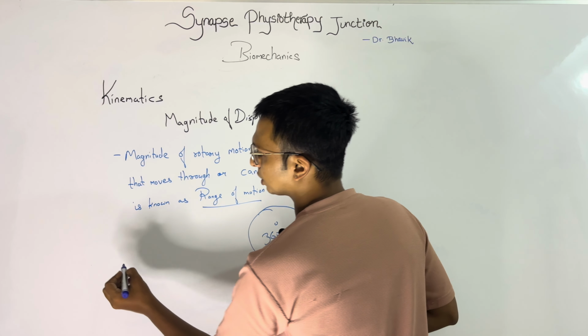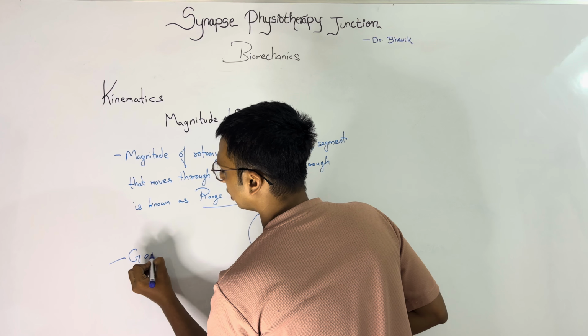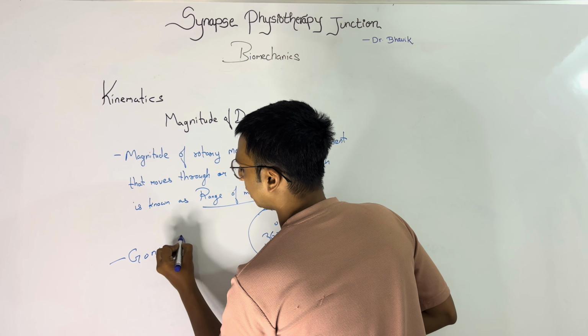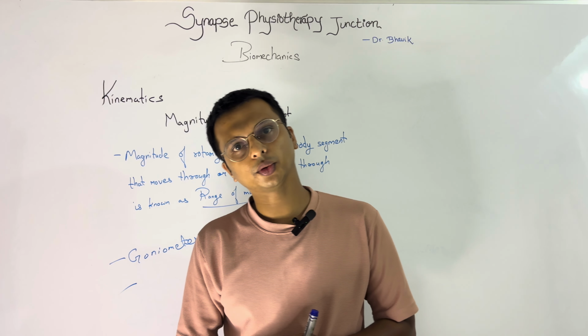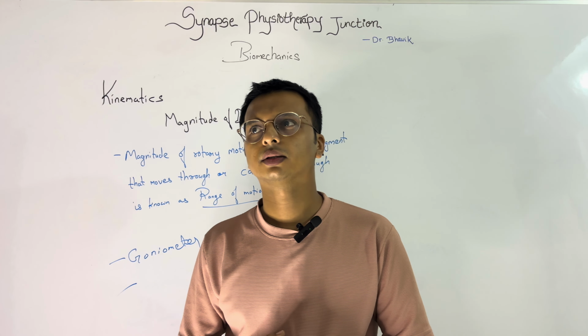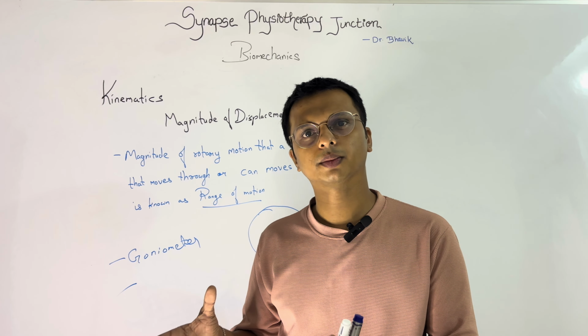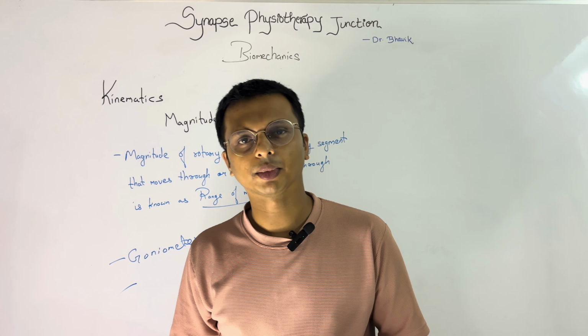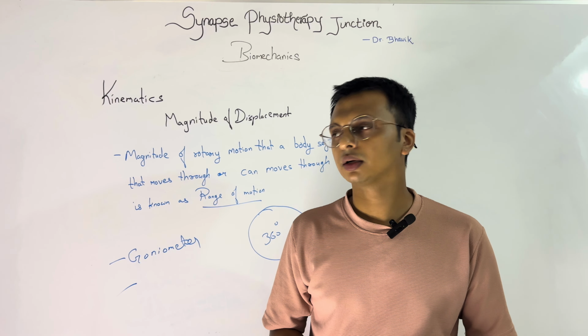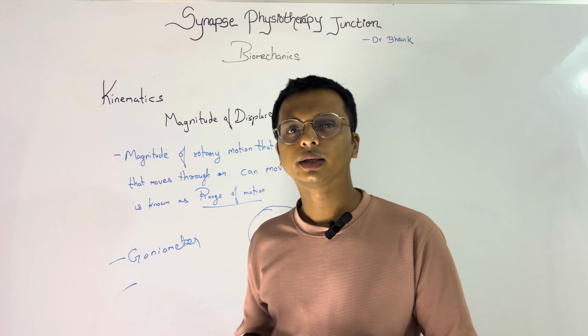It is measured with the help of an instrument called a goniometer. Then there is the electrogoniometer, and there is systemic analysis of motion, which we are not going to study in biomechanics, but the goniometer and electrogoniometer help in computerized analysis of the movement.